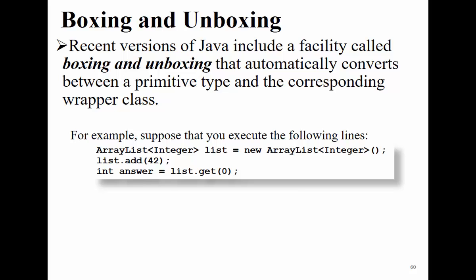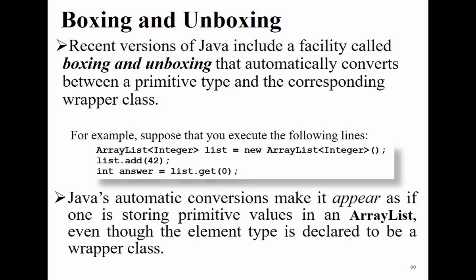So that is boxing and unboxing again. Now it has become automatic. Java supports it. You don't need to do it explicitly. Normally in the past we had to use a new Integer and give the value. Now we have this automatic boxing and unboxing for all the primitive types.